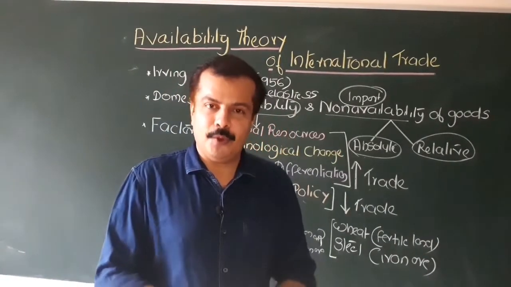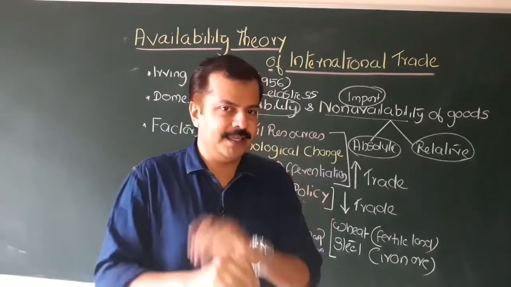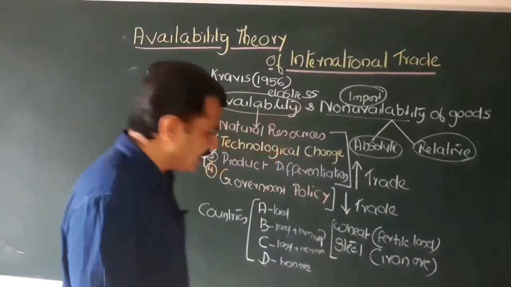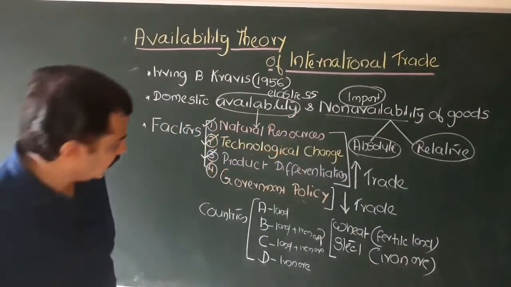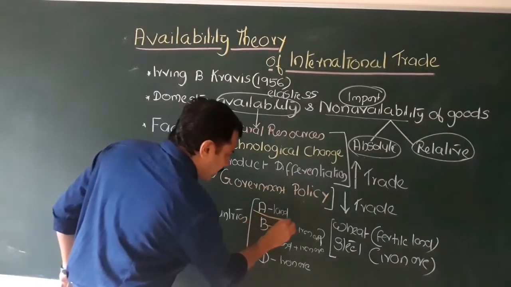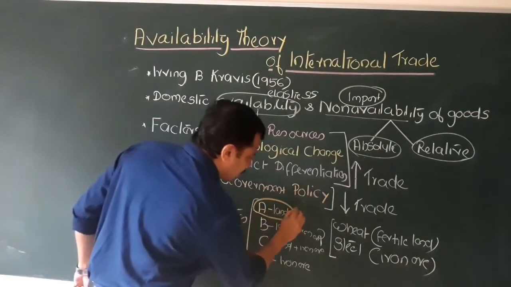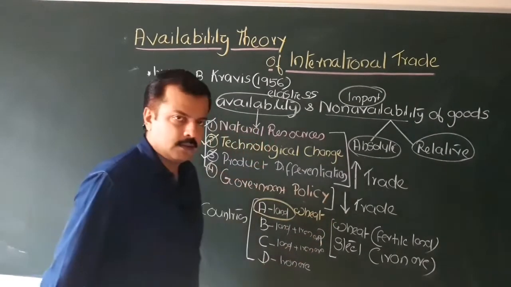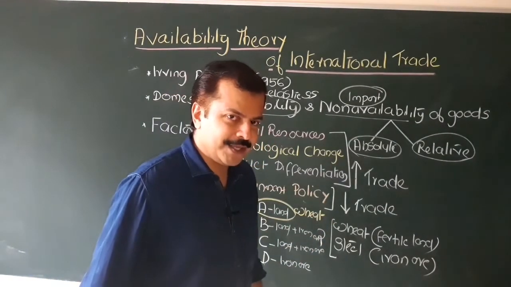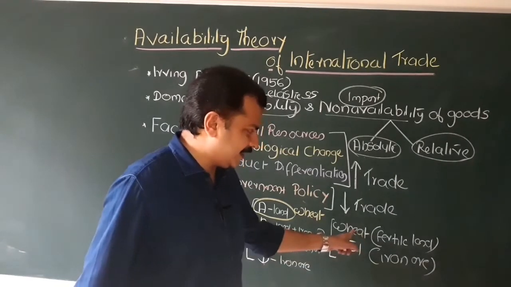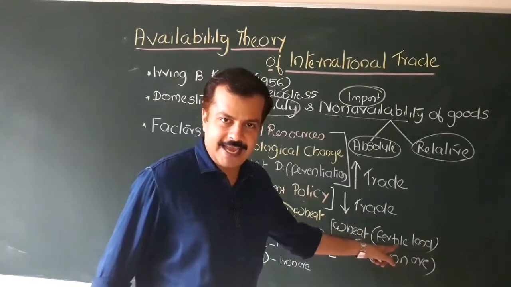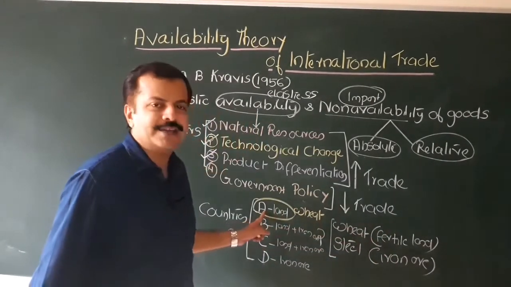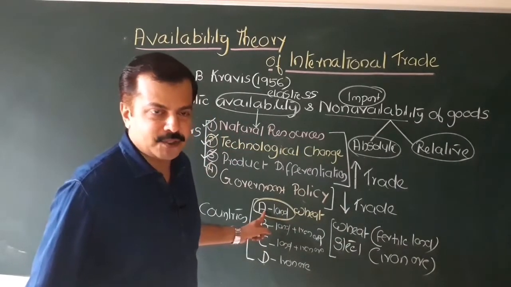Now, following the Kravis availability approach, we can very easily see that country A will specialize in the production of wheat. Why wheat? Because production of wheat requires fertile land and country A has land at its disposal.